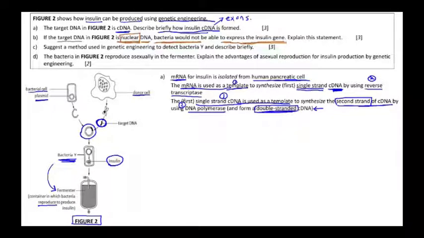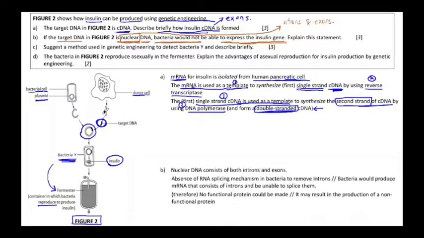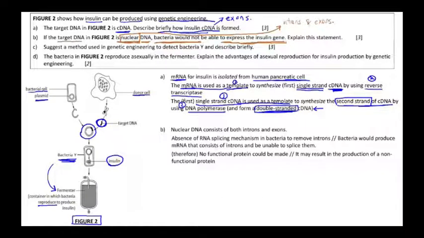Nuclear DNA is the type of DNA that consists of both introns and exons. If you still remember what you learned in chapter 6 about RNA splicing, then you should remember in prokaryotes or bacteria, they do not have RNA splicing.